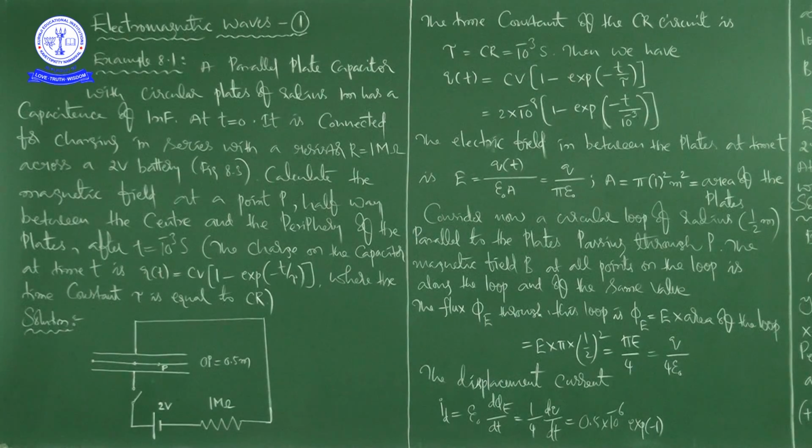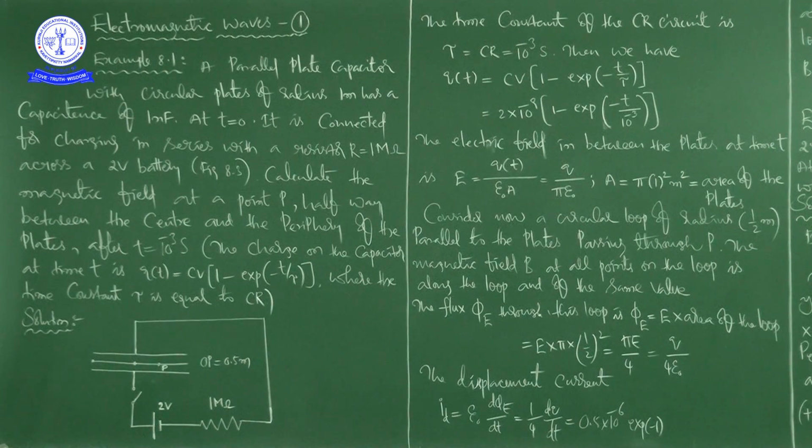You know what the plates of a parallel plate capacitor are? We may have different types of shapes, but there is a relevance regarding the shape of the plate. But here in this problem, we have to imagine circular plates of radius 1 meter with a capacitance of 1 nanofarad.